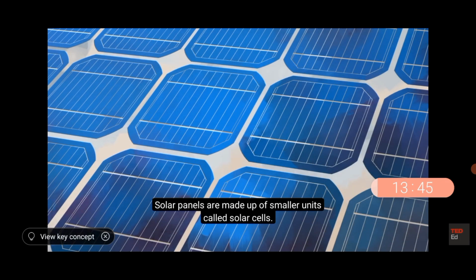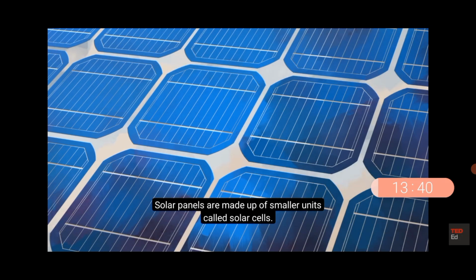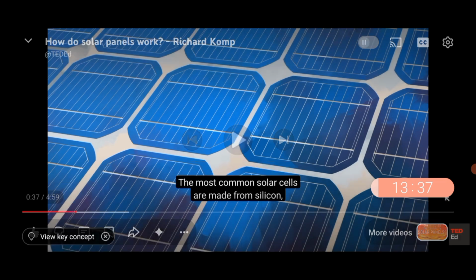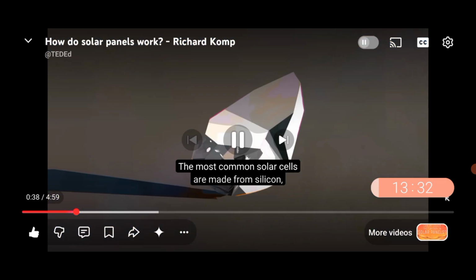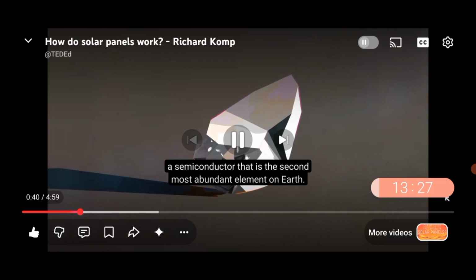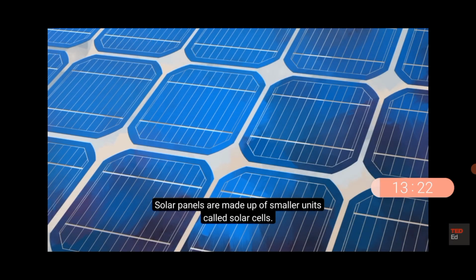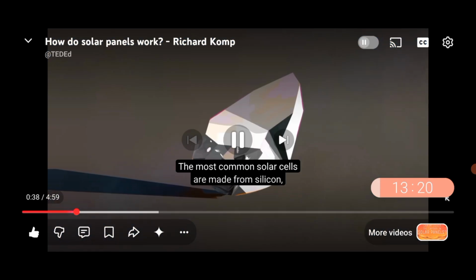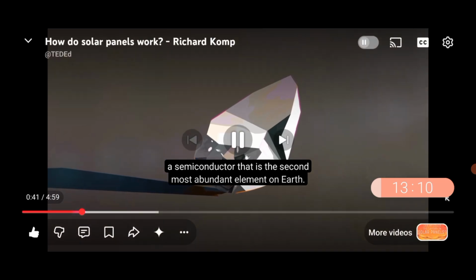Solar panels are made up of smaller units called solar cells. The most common solar cells are made from silicon, a semiconductor that is the second most abundant element on Earth.